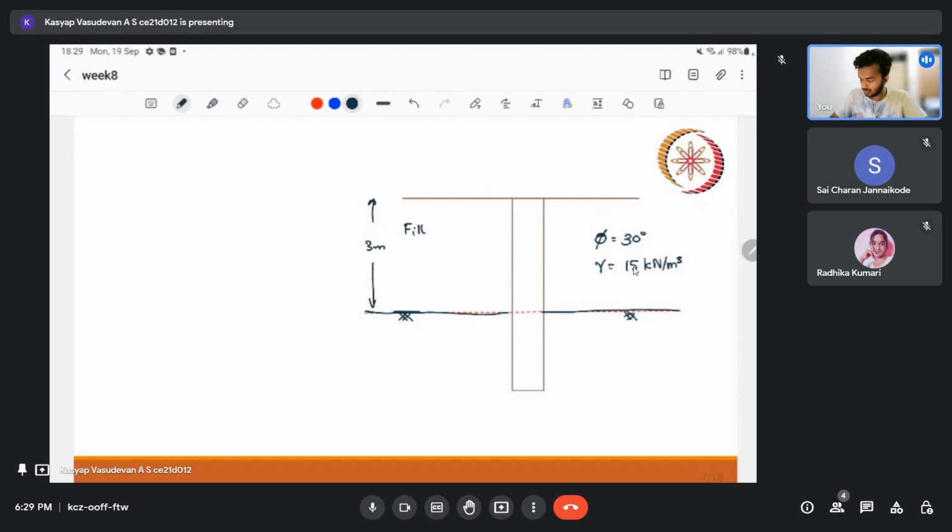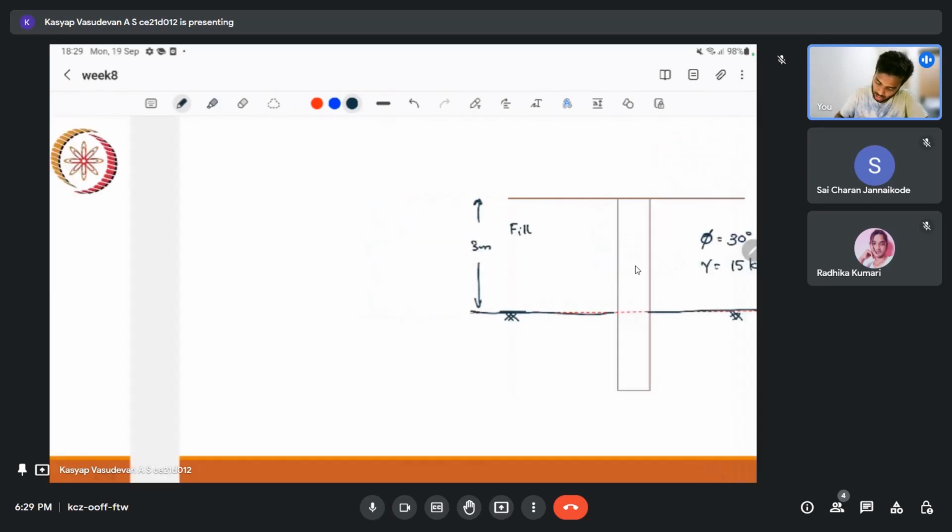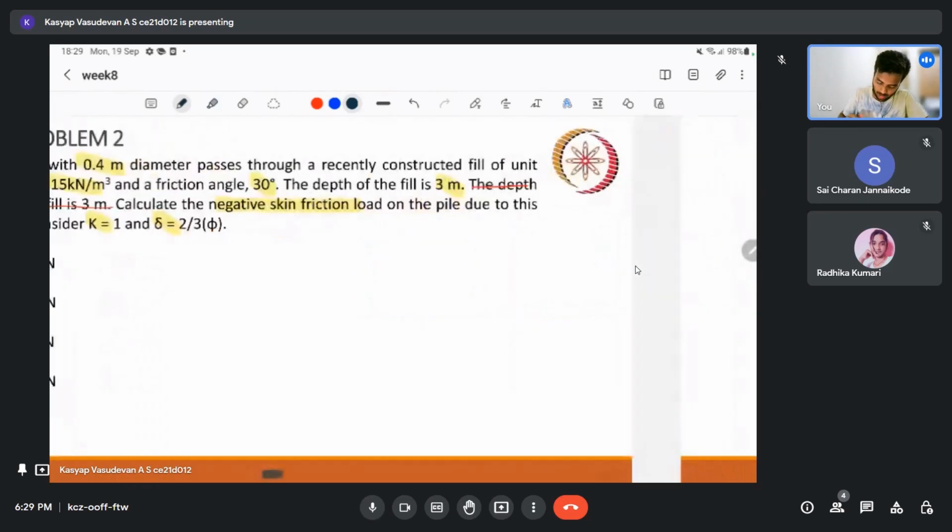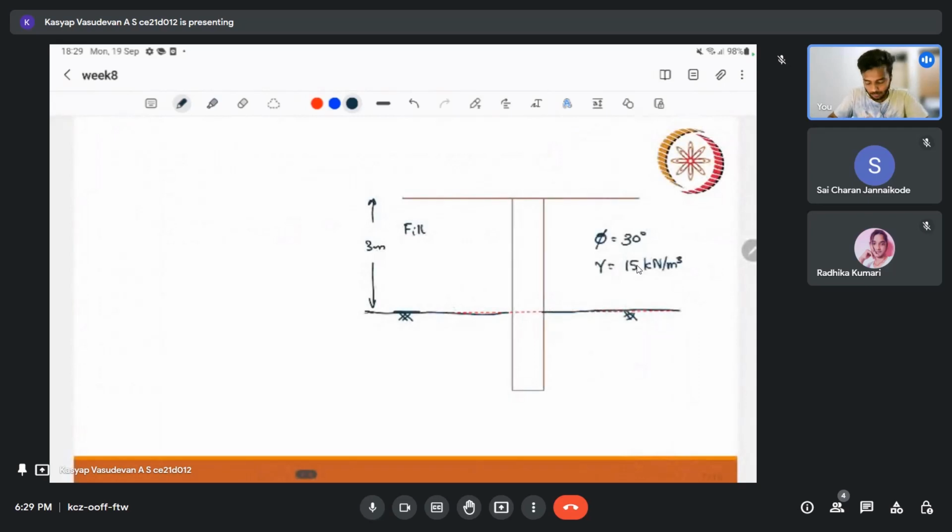There is nothing much asked in this question, because we have to just calculate the negative friction load. That is nothing but the shaft resistance of this portion which is within this soil layer, which is going to settle. During the settlement of this soil, there is a downward force, which is additional to our superstructure's load.